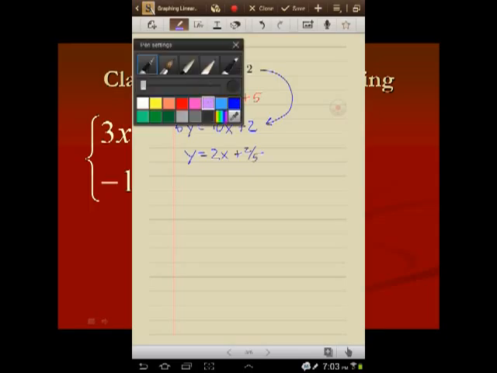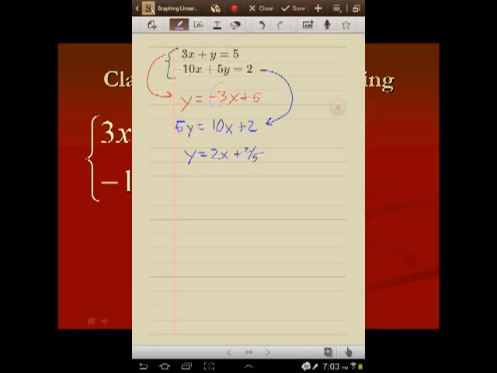Now what we need to do is look at our slopes. That one is changing by negative 3. It's down 3 over 1. This one is climbing by 2 over 1. Those have completely different slopes. They're completely different lines. So these are independent systems.